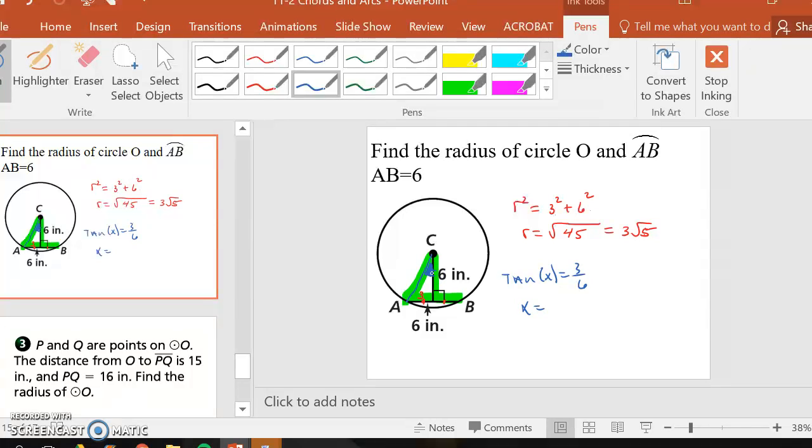Inverse tangent of 3 divided by 6, and you'll end up getting 26.56, which is approximately 27 degrees. If I draw this other one in, that's going to be 27 degrees too. And if the central angle is 54, then this arc is congruent to the central angle, and arc AB would have a measure of approximately 54 degrees.